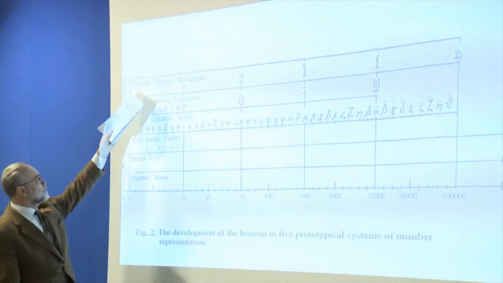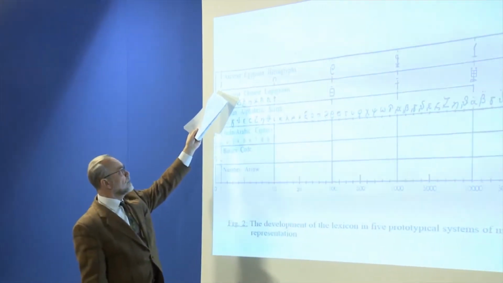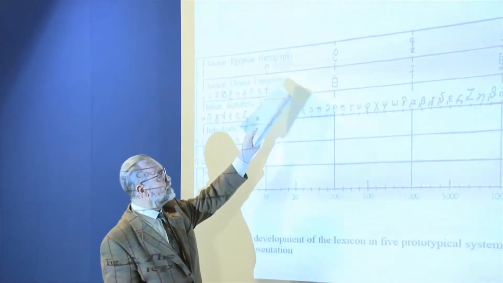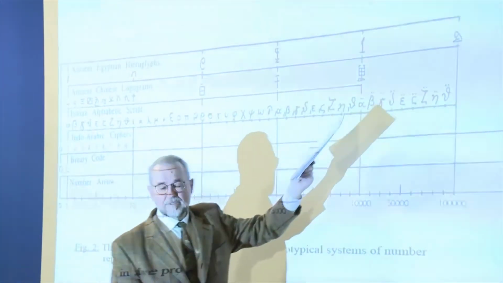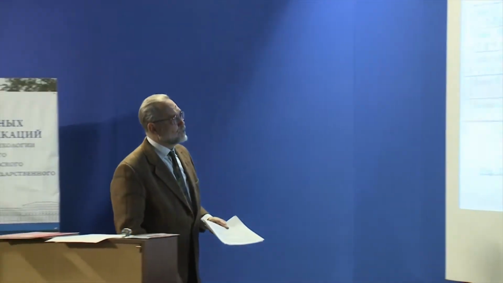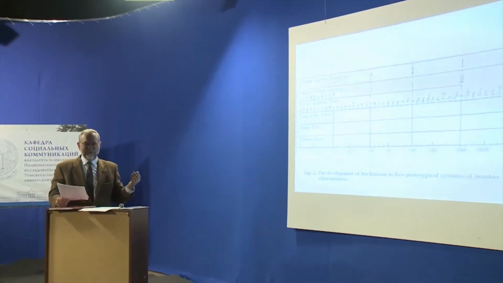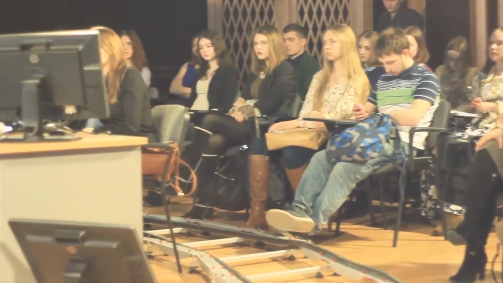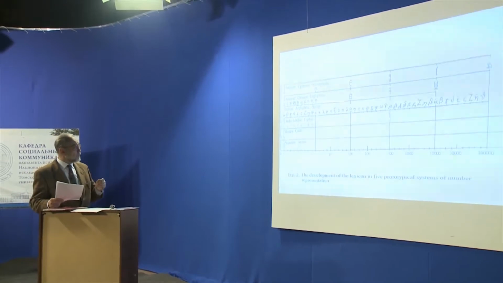And I'm now talking about the Egyptian hieroglyphs with the sign for 1, the sign for 10, the sign for 100, 1,000, 10,000, and then 100,000. And when you look at these signs which are used to stand for those numbers, you'll see that these signs are deeply rooted in Egyptian culture, which is determined by the river Nile.